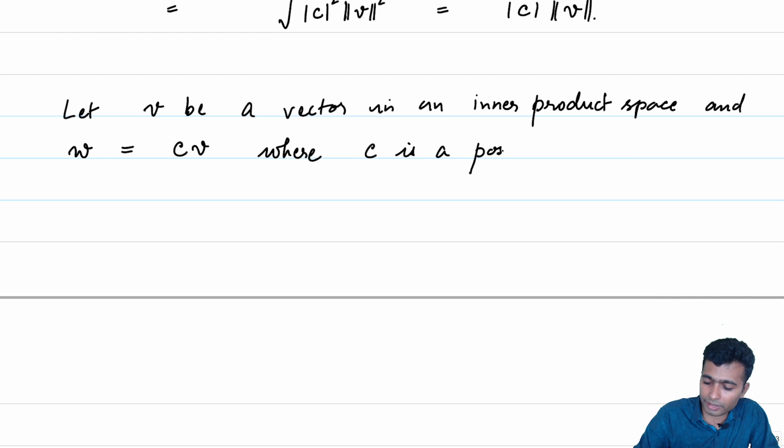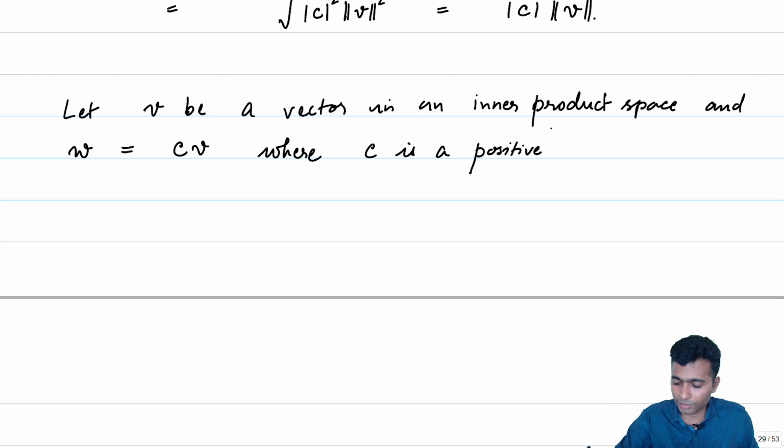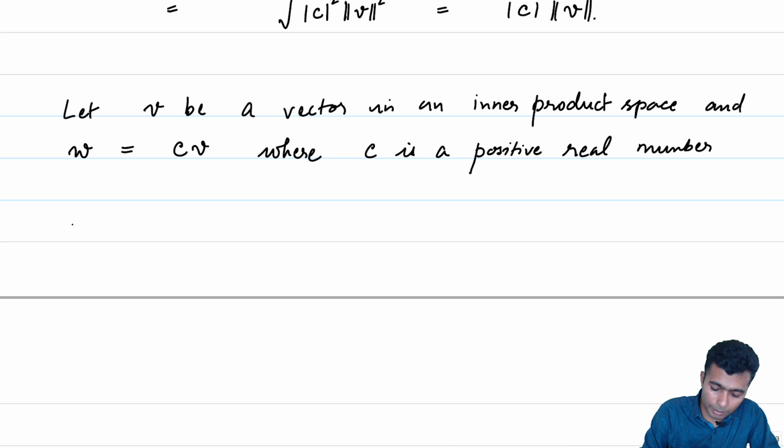It's a parallel vector in some sense. So it's in the same direction, it's just a dilation, by a positive real number. Let's see what happens to the inner product of V and W. We know that W is CV, so this is just the inner product of V with CV.